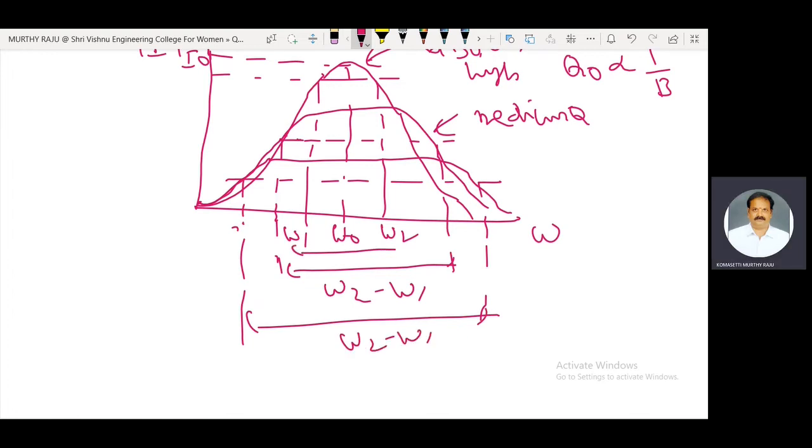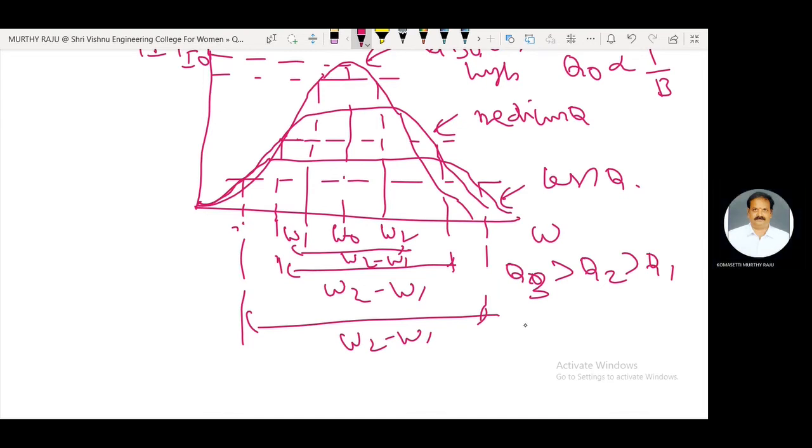Therefore, Q3 is greater than Q2 is greater than Q1, and B1 is greater than B2 is greater than B3.